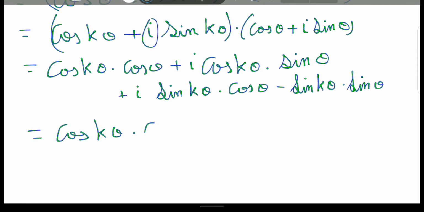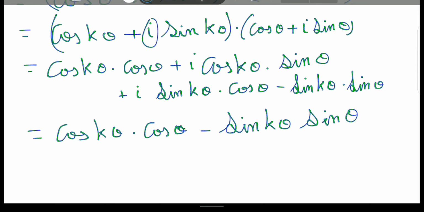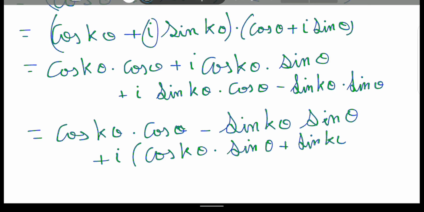Cos k theta into cos theta minus sin k theta into sin theta, plus, if I take i common, then I have cos k theta into sin theta plus sin k theta into cos theta.